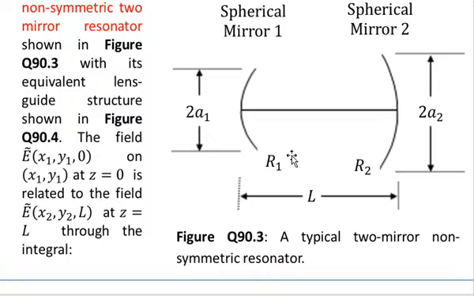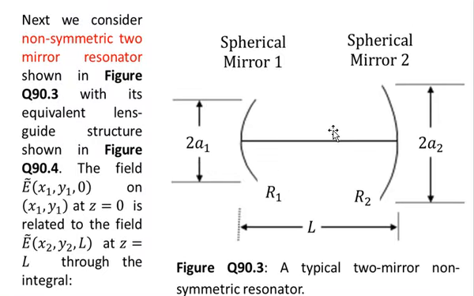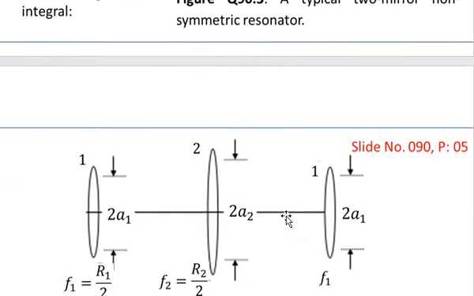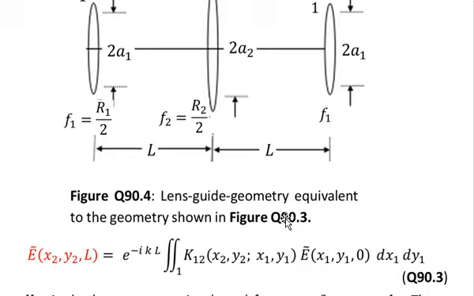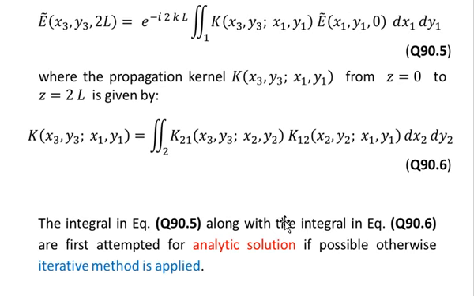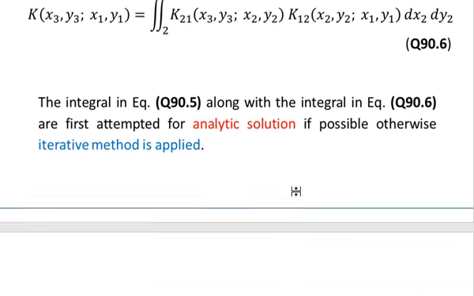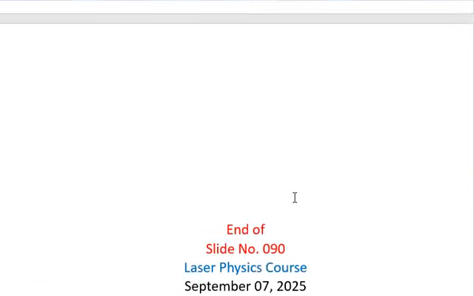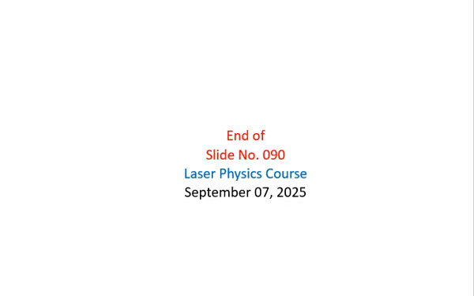Then I have discussed this geometry, which is a two mirror geometry with a non-symmetric resonator, and with the help of its lens guide geometry I have given its solution, which is shown in equation number 5 and 6. So this gives the answer to the questions that we have posed in our presentation. So this is the end of slide number 90.